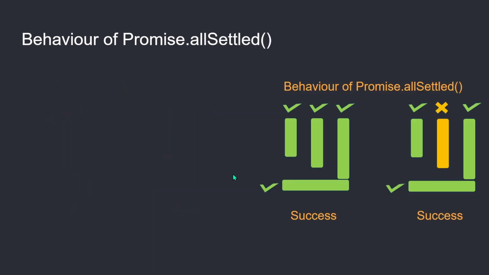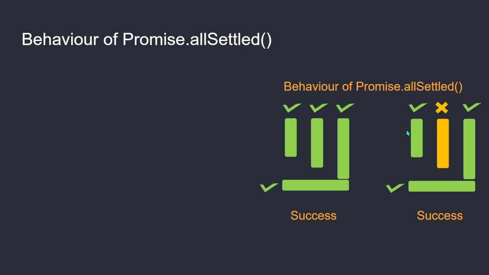The behavior of the Promise.allSettled method is like this. If all API functions, or say all input promises, are successful, the final response will be successful. Even if any one API is failing, the final response will be a successful promise, or we say a fulfilled promise, and will not get a rejected promise.